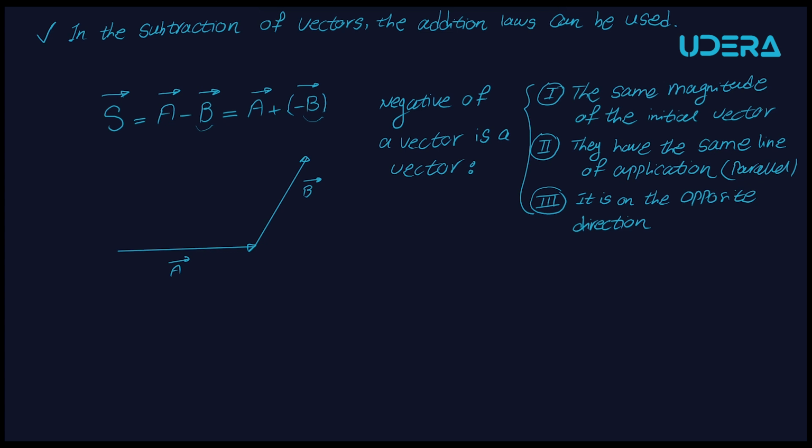So let's come back to two vectors A and B. Now I want to sketch the negative of vector B on this figure. Step by step, the same magnitude, it is B. They have the same line of application.